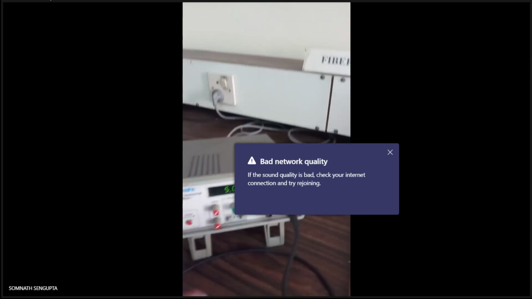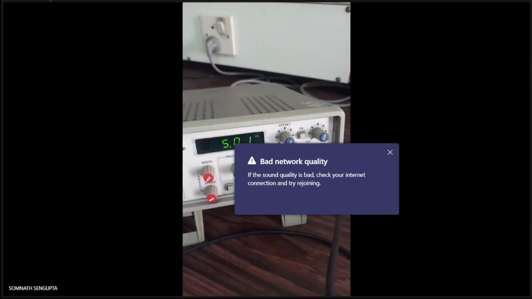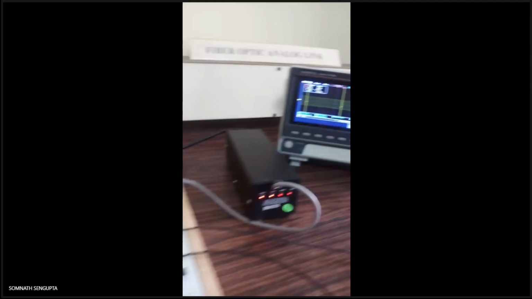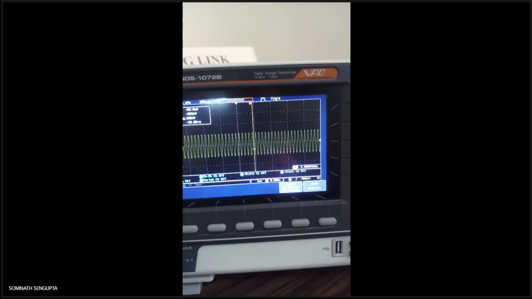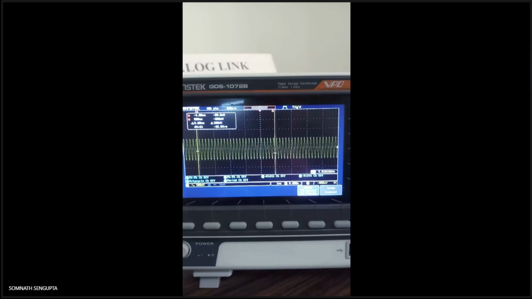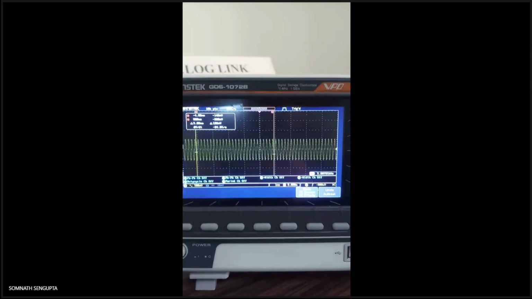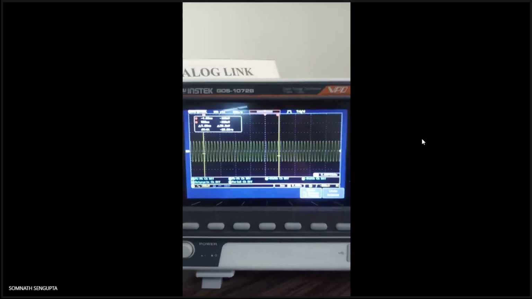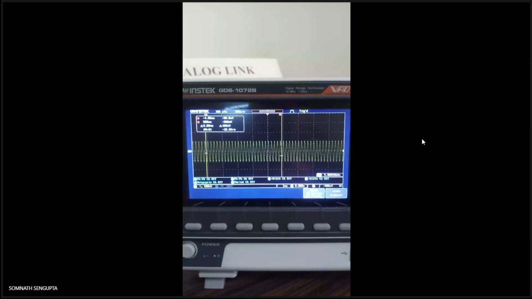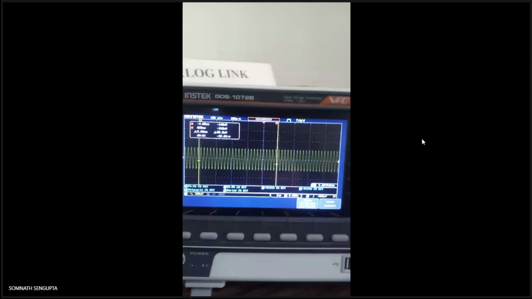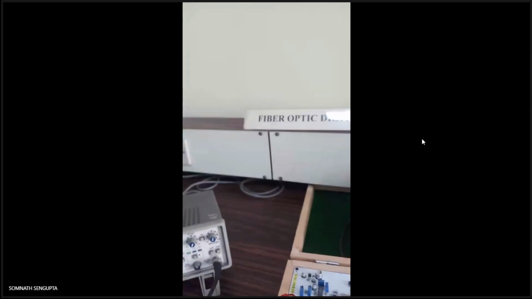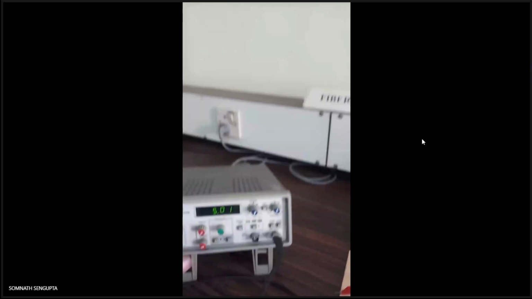So now it is set to 5 kilohertz. Okay. So 5 kilohertz, and you see what is the voltage. So there also, how much voltage can you tell? Yes, sir. Sir, 1 volt peak to peak. 1 volt peak to peak, correct. So now we'll go slightly higher frequency, let us say 100 kilohertz.